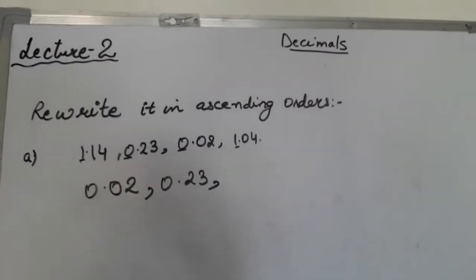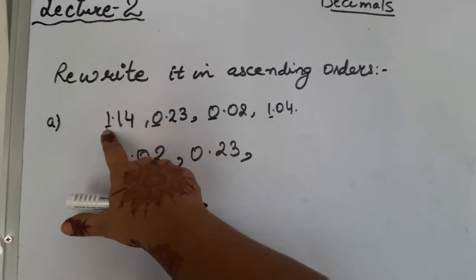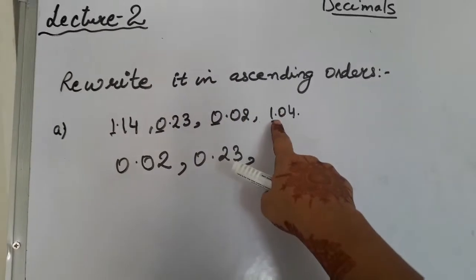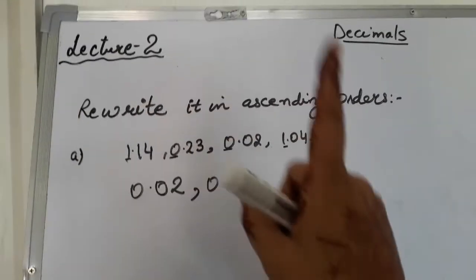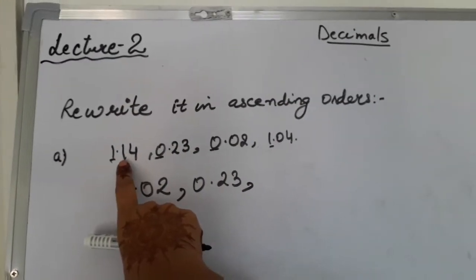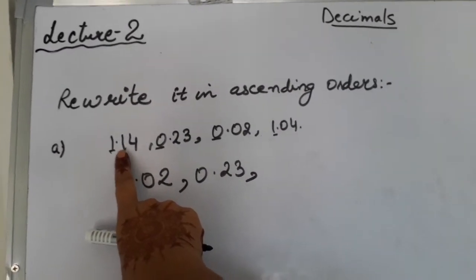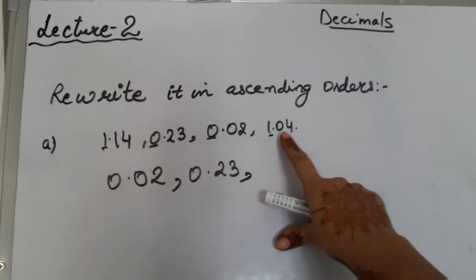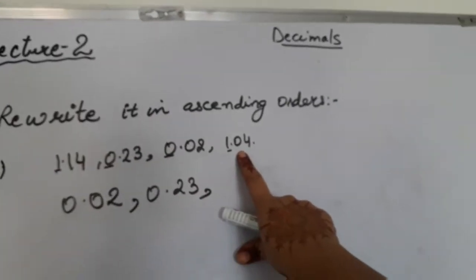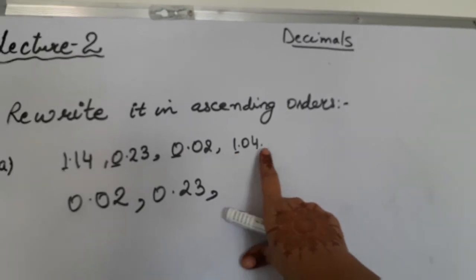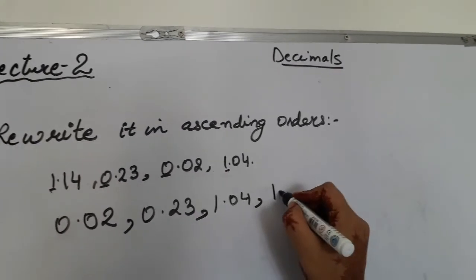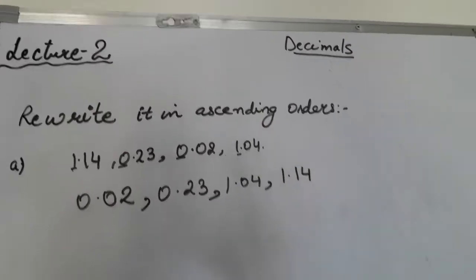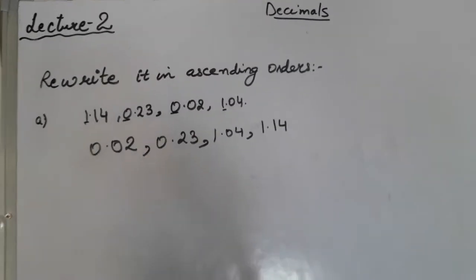Again, here I have 1 in the whole number part, and here also I have 1 in the whole number part. Then I move to the next number. Here I have 1, here I have 0. So which comes first? Obviously 1.04 will come first, and 1.14 I get as the highest in the decimal order.